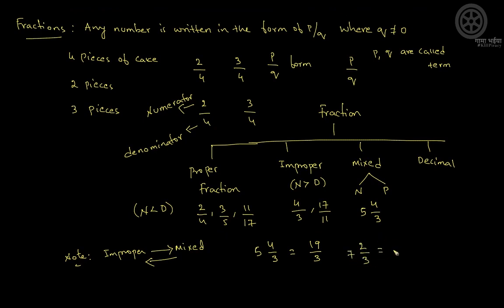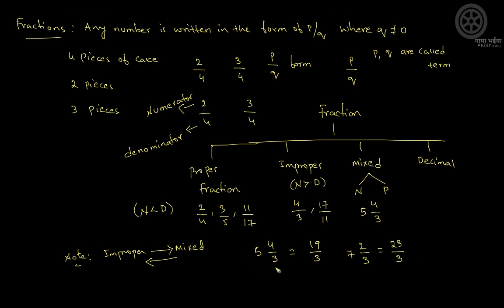What will be the improper fraction? This part is called the natural number, and 2 by 3 is the proper fraction. That is why I wrote that it is a combination of natural and proper fraction. 3 sevens are 21, 21 plus 2 is 23. So 23 by 3 is the improper fraction.